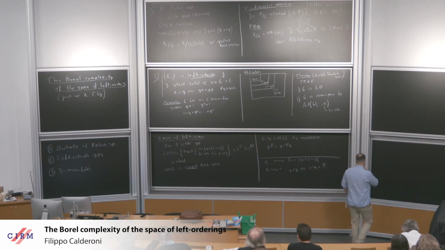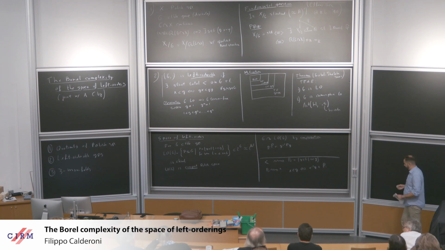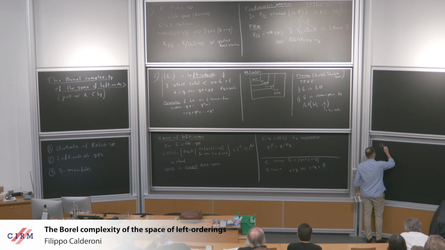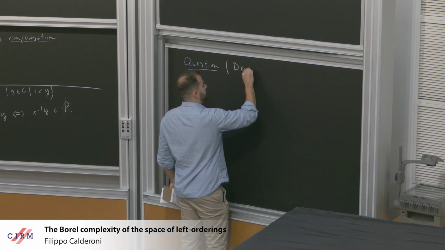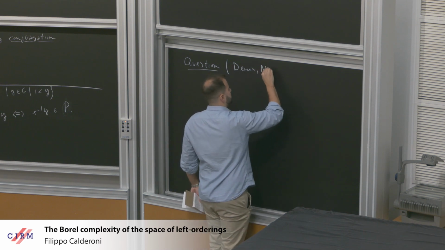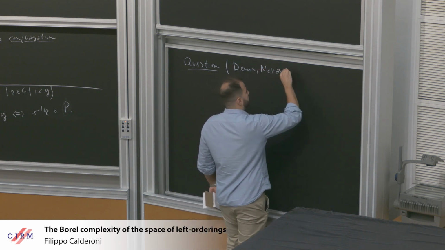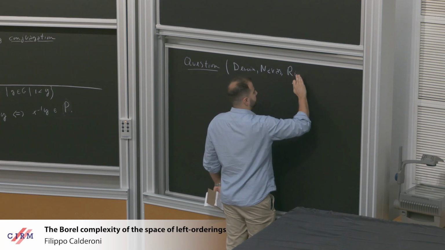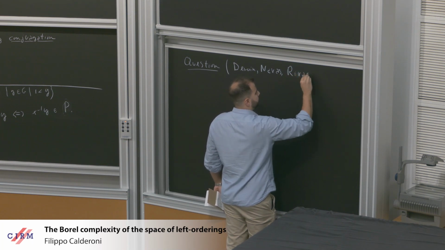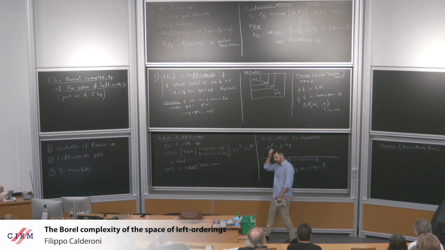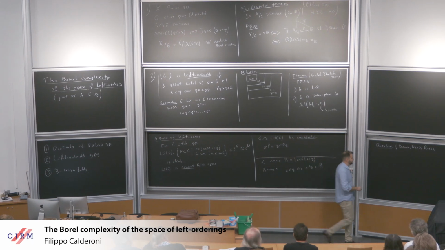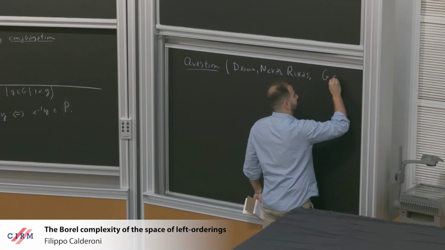The motivating question for this project appeared first in a monograph by Deroin, Navas, and Rivas. This monograph is called Groups, Orders, and Dynamics.